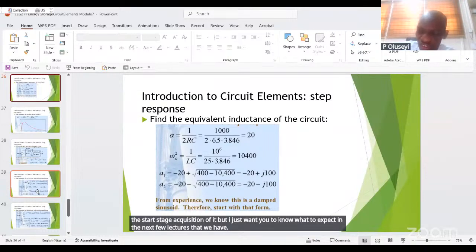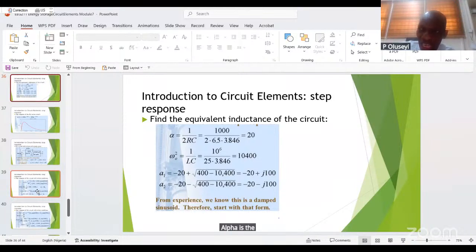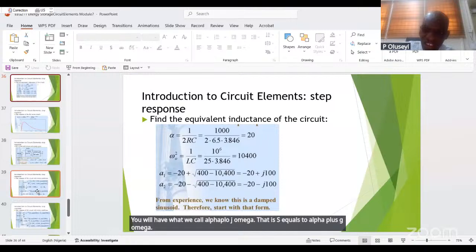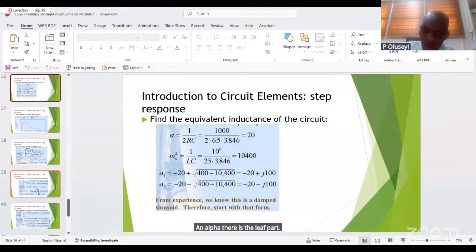Alpha is when you take a frequency domain network, you will have what we call alpha plus j omega. That is S equals alpha plus j omega. And alpha there is the real part, while omega is the imaginary part.